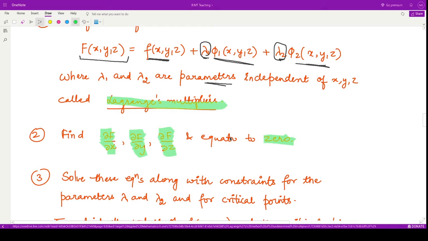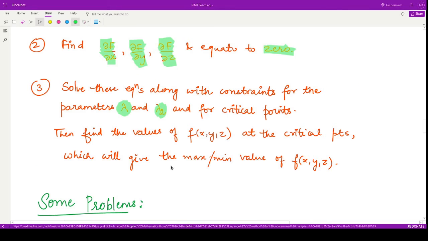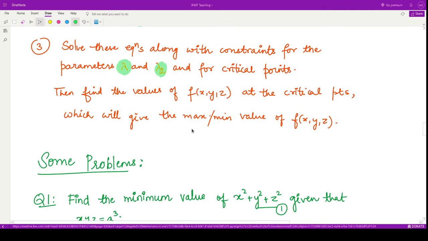Once you equate them to 0, you have 3 equations. We solve these equations along with the constraints for the parameters lambda 1 and lambda 2 in order to calculate the critical points, and then the values of the function f of x, y, z at the critical points.